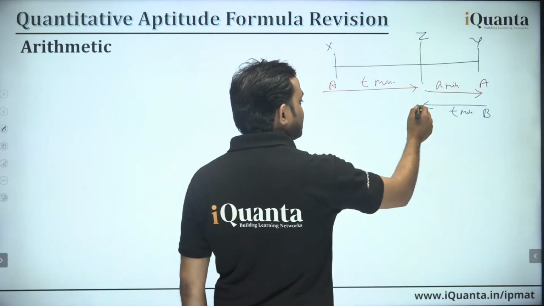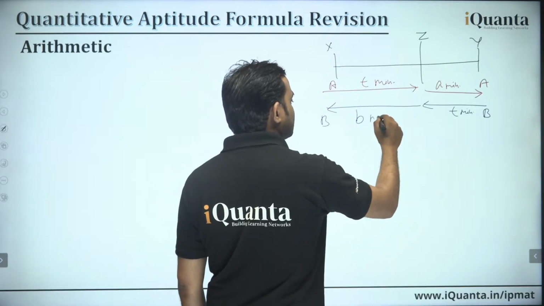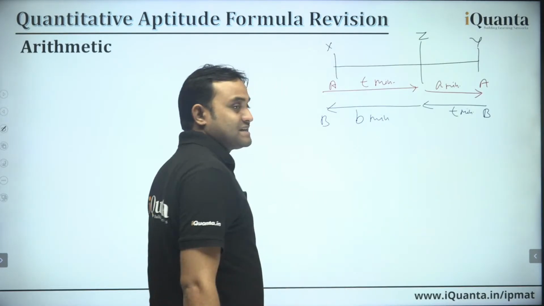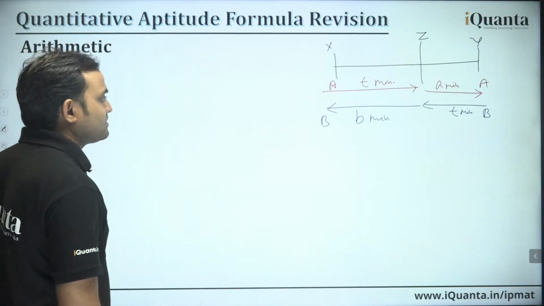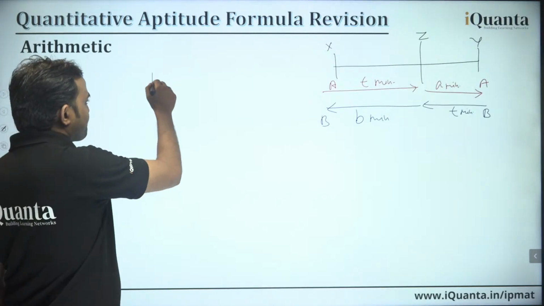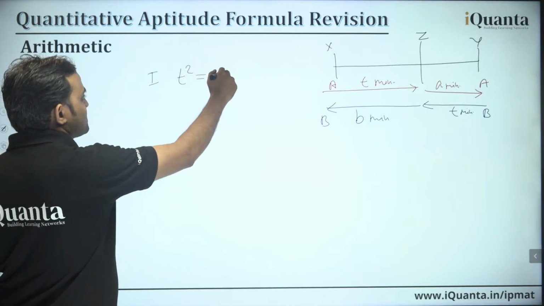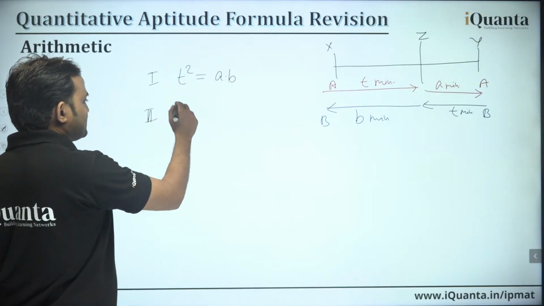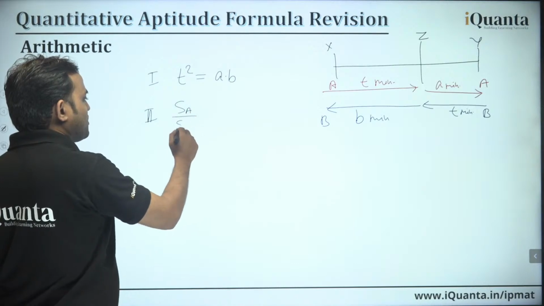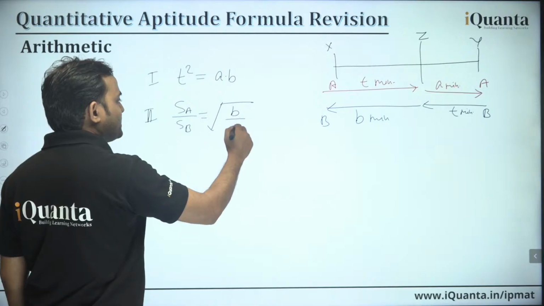After that, B took B minutes to reach his destination, which is X. Then we get a very important relation here. That relation is T square is equal to A into B. And the second relation is speed of A upon speed of B is equal to square root of B upon A.